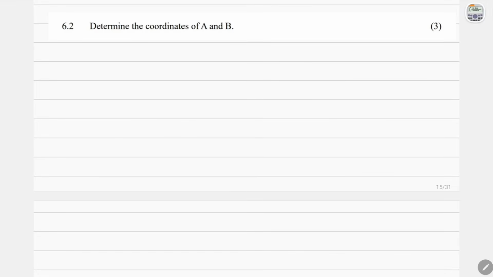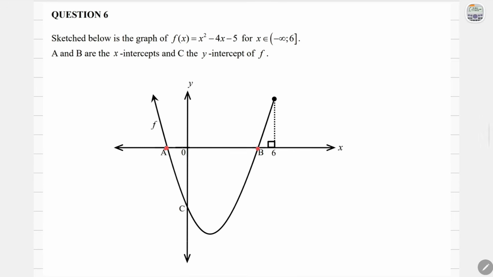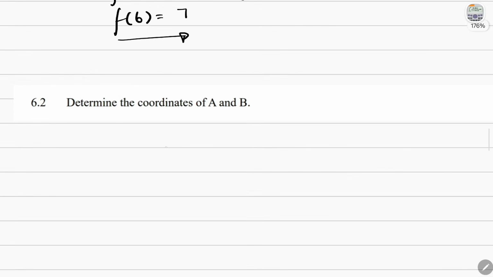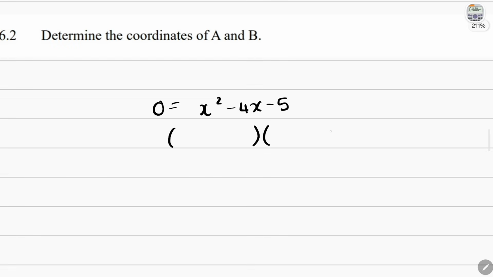The next question, 6.2, says, determine the coordinates of A and B. So A and B, we know these are x-intercepts. And at the x-intercepts, y is equal to 0. So we're just going to make y equal to 0. So here's our equation. In place of y, we'll just say 0 is equal to, so factorize, and we have x multiplied by x and factors of 5 that can give us -4, -5, and +1.